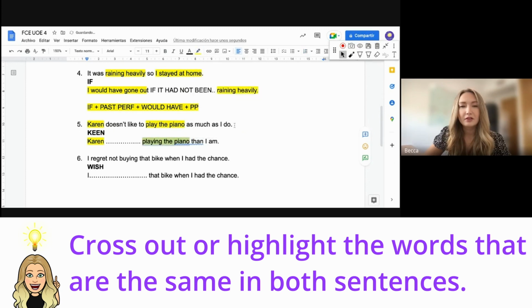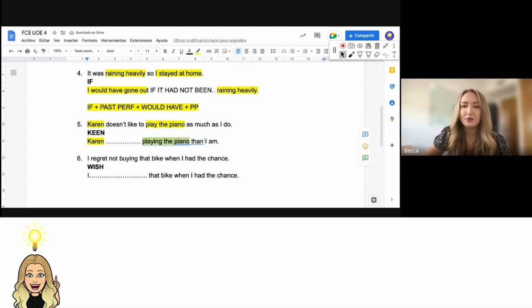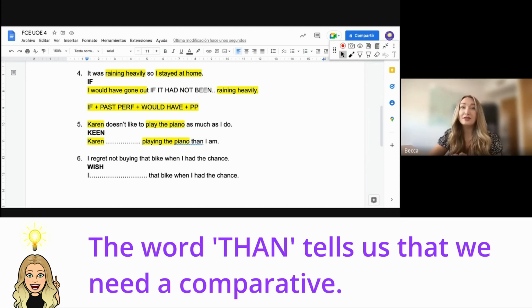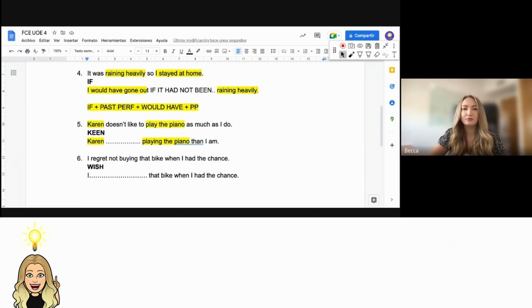And as much as I do, and then we have I am. Okay, so we have the word keen, but we also have here a comparative, as much as I do. And in the second sentence, we have the word than, which tells us that we need a comparative in the second sentence as well.